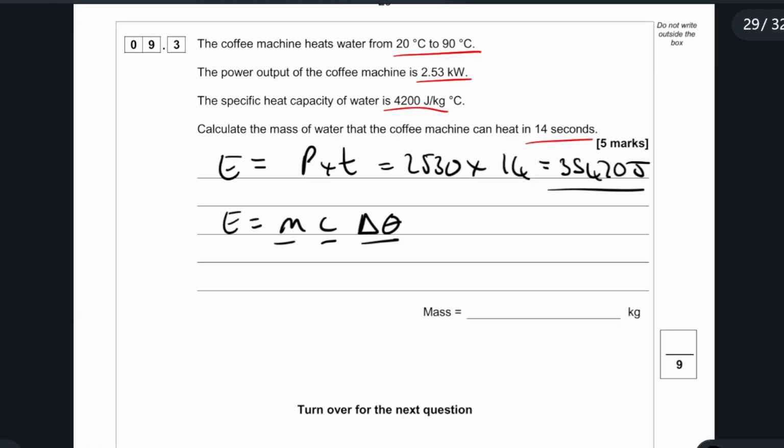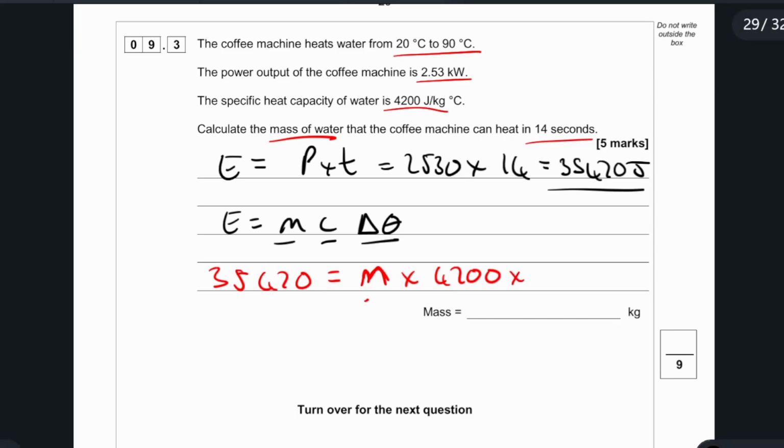So the energy was given to us, and that's 35,420 joules. That's equal to the mass. So the mass is what we're trying to work out. So we just leave that as m, multiplied by the specific heat capacity, which is given to us as 4200 joules per kilogram degree Celsius. And we know that the energy is in joules, so we just need to make sure the other measurements are going to be in kilograms and then degrees Celsius.